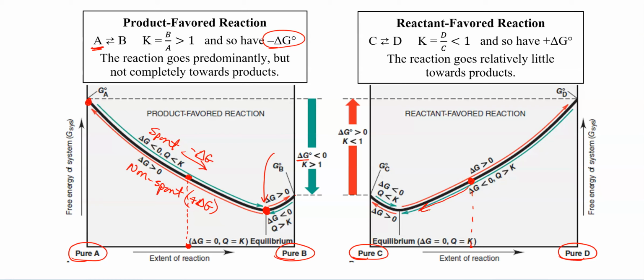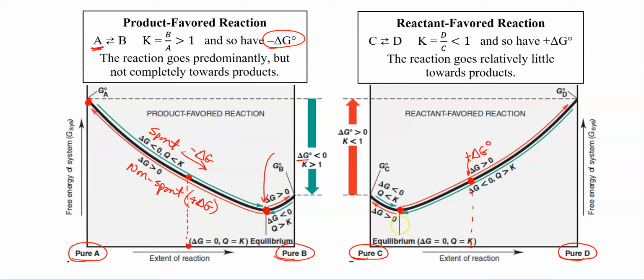So now your delta G naught is a positive value. It's non-spontaneous in the forward direction at standard conditions, because you're going to be spontaneous in the reverse direction so that you can get to equilibrium.